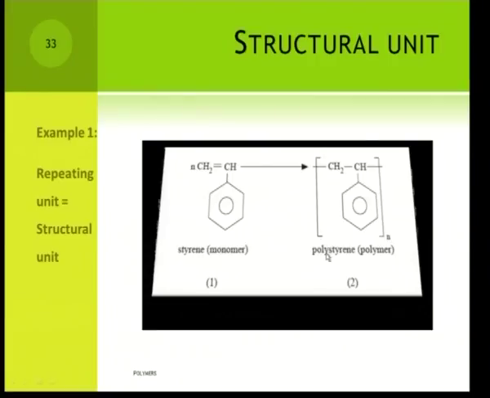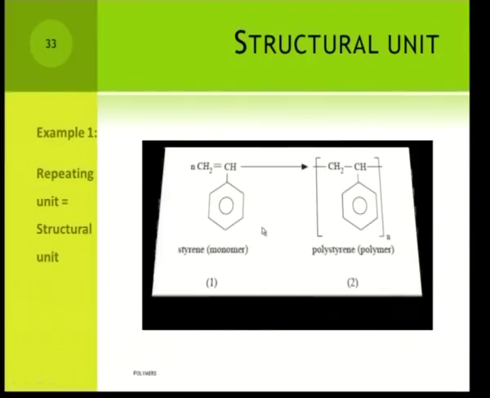Going back to the first example, there the structural unit and the repeat unit both remain the same. The structural unit is CH2 CH with a vinyl group, and the constitutional repeat unit, which is repeated n number of times to form the polymer, also remains the same. This is the basic difference between a homopolymer and a copolymer, where two different monomers condense to form a new polymer chain.